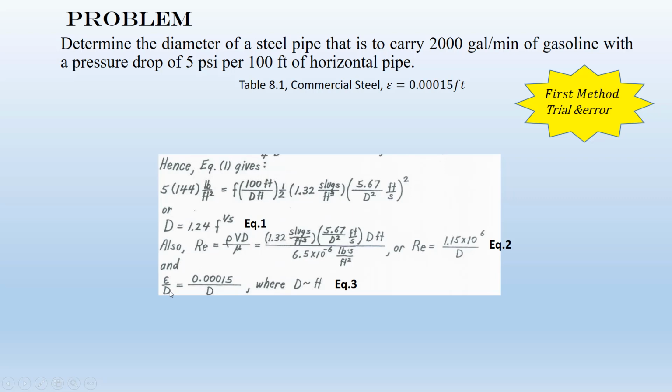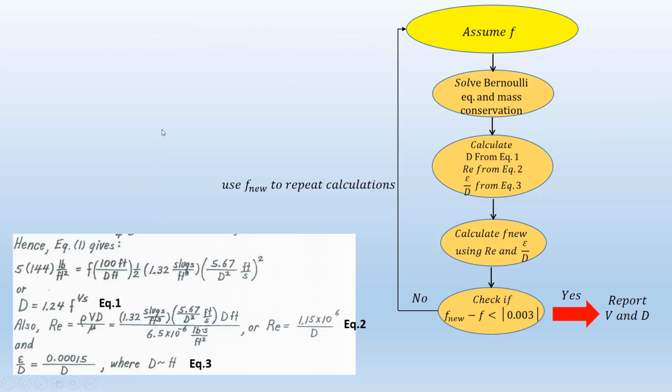Now I have three equations. So simply, if you assume a value for the friction factor, you can find diameter from the first equation. Then by having the diameter, you can find Reynolds number from the second equation, and then you can find relative roughness from the third equation. Correct. Here is the flow chart to solve this problem.